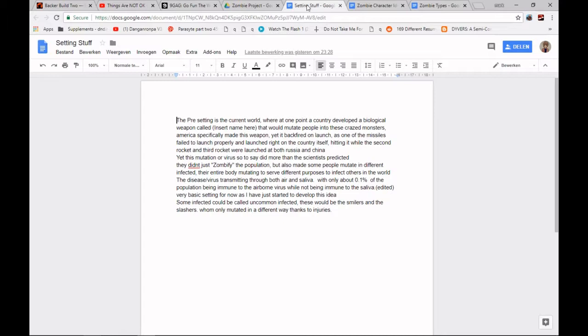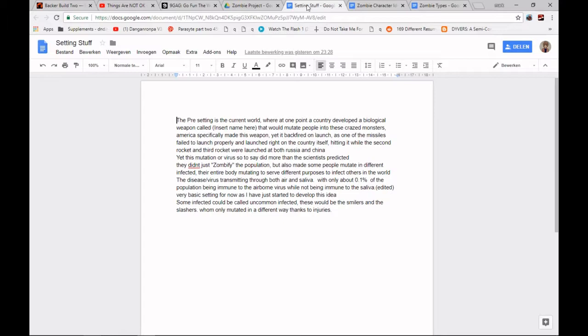They didn't just zombify the population, but also made some people mutated and different infected, their entire body mutating to serve different purposes to infect others in the world. The disease/virus transmits through both air and saliva, with only about 0.1% of the population being immune to the airborne virus, while not being immune to the saliva.